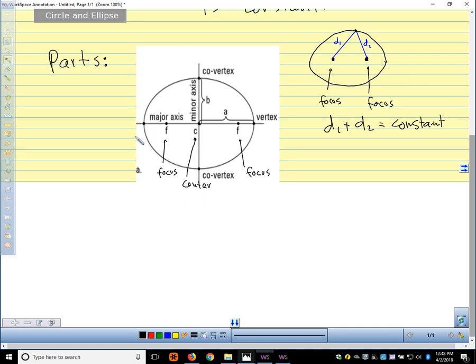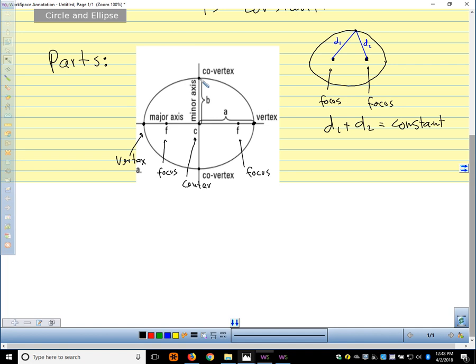And we have a vertex at each end. So this is a vertex. And then we have co-vertices, or minor vertices. So our major axis is the long axis. The minor axis is the short axis.